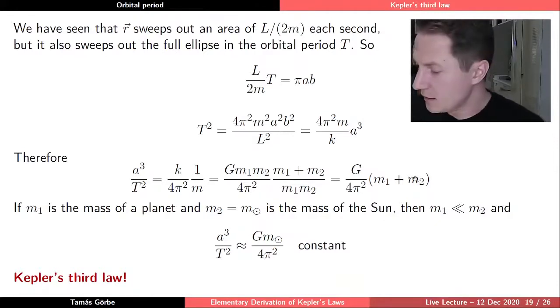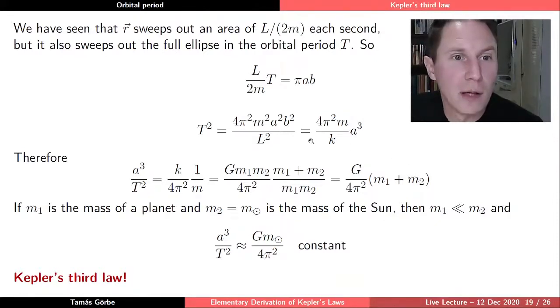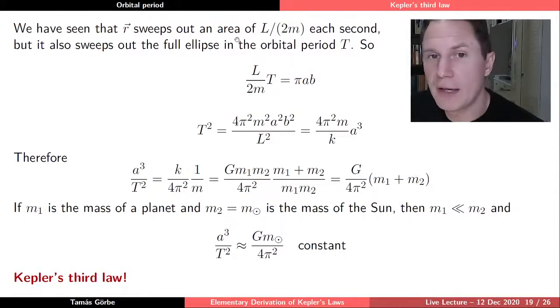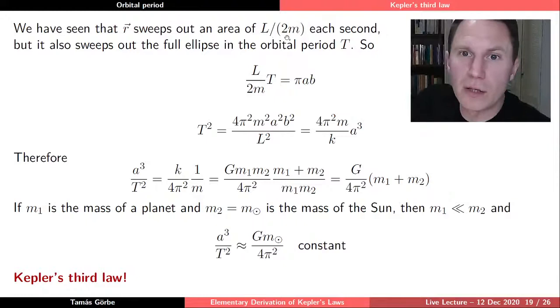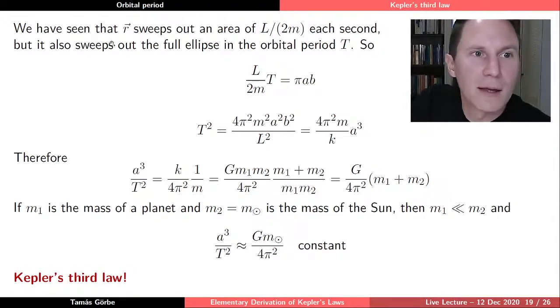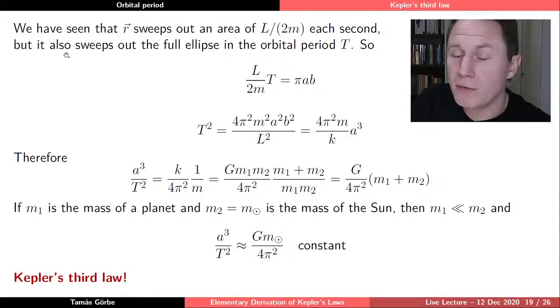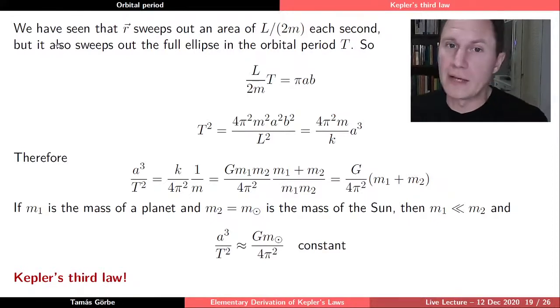using the fact that what we have seen before is that the position vector r sweeps out an area of L over 2m in each unit of time, so each second, let's say. But it also sweeps out the full ellipse during the orbital period.